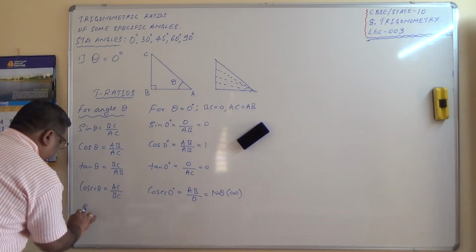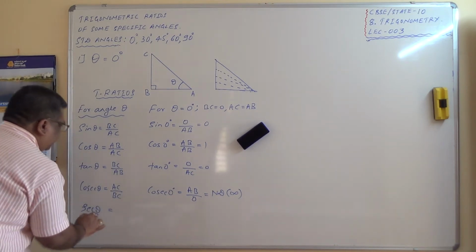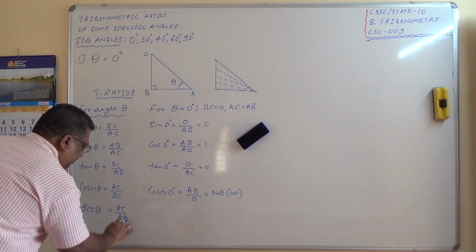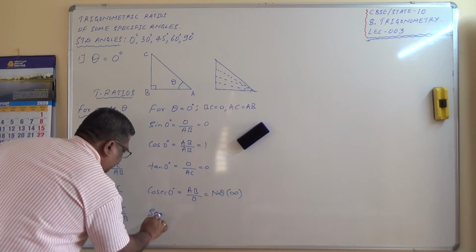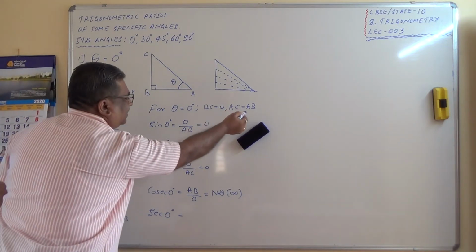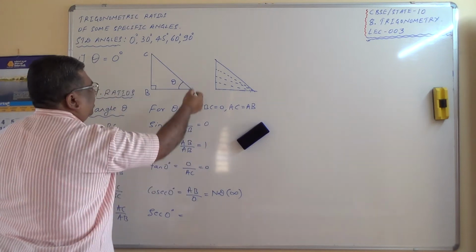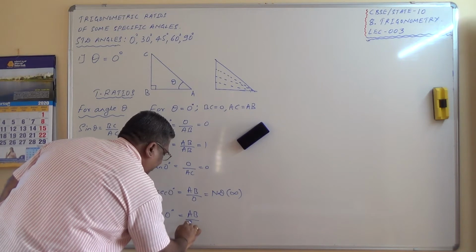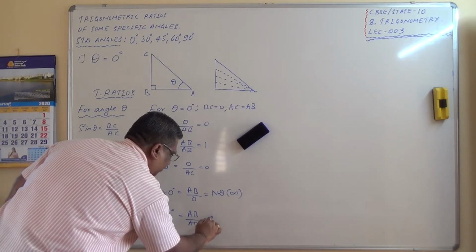Then sec theta is the reciprocal of cos, AC by AB. So secant of 0 degrees is equal to AC by AB. AC will change to AB here, AB by AB, which equals 1.